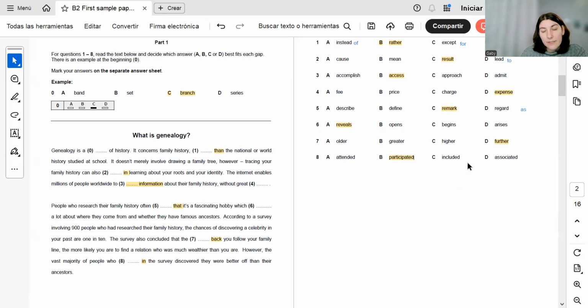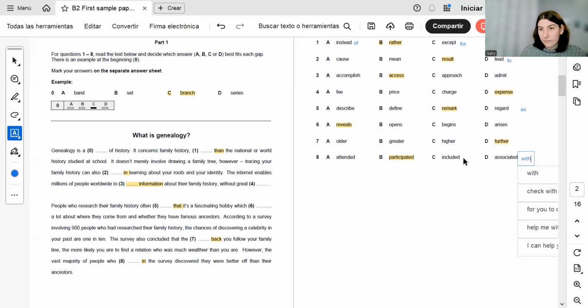Included in the survey, okay, it's possible to be included in, but can you be included in the survey? Yeah, you can be included. So we don't have a passive structure here. And associated with. Okay. So in the end, it should be participated.